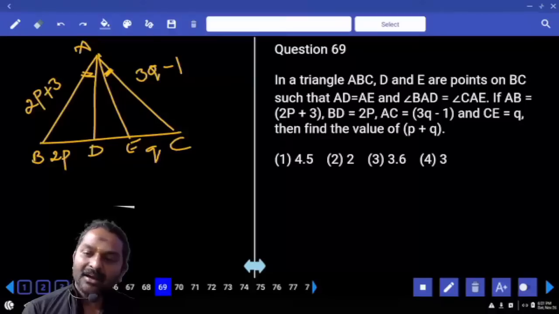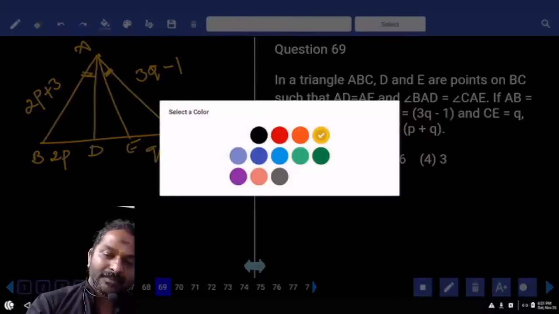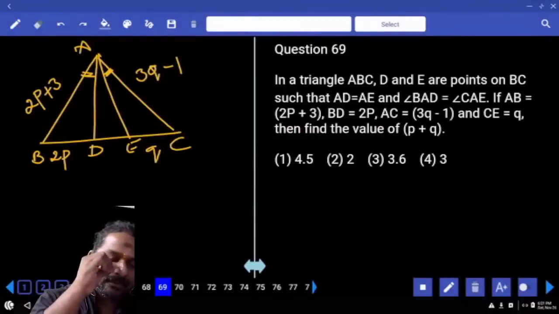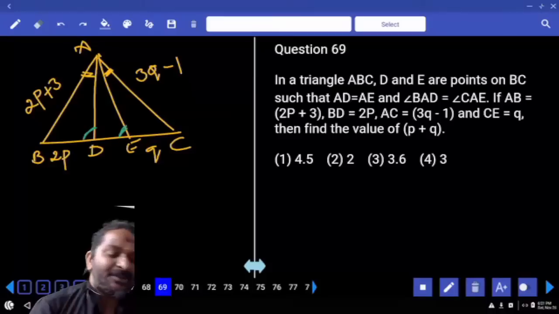So now, as there are 2 points here, now look at this. These 2 angles must be same.